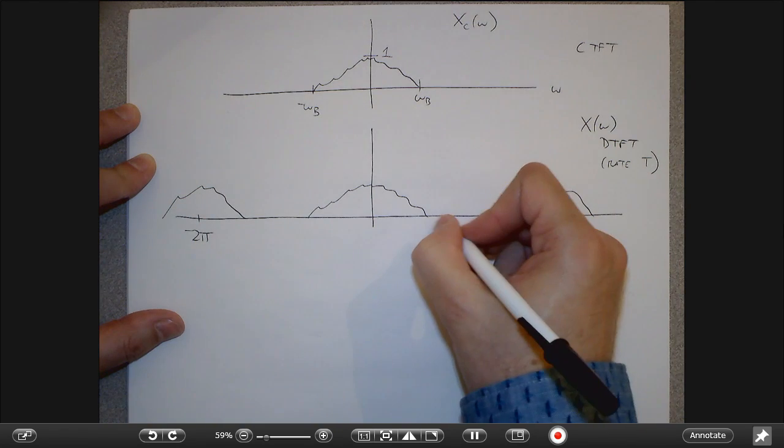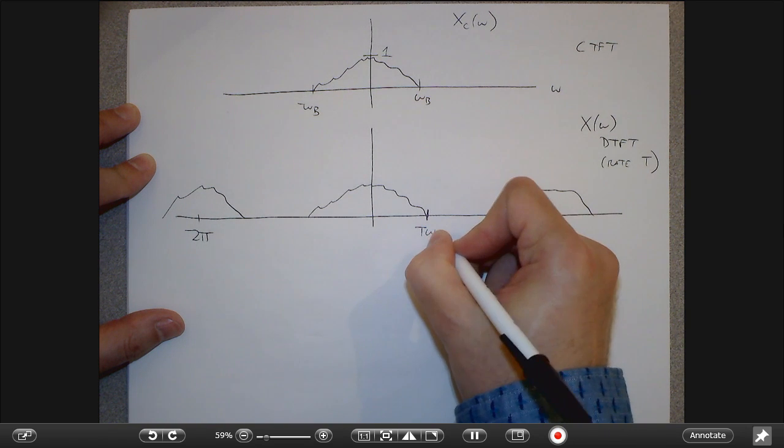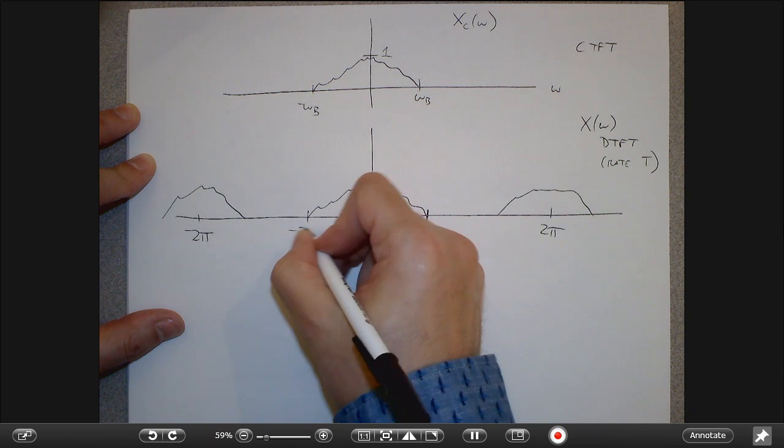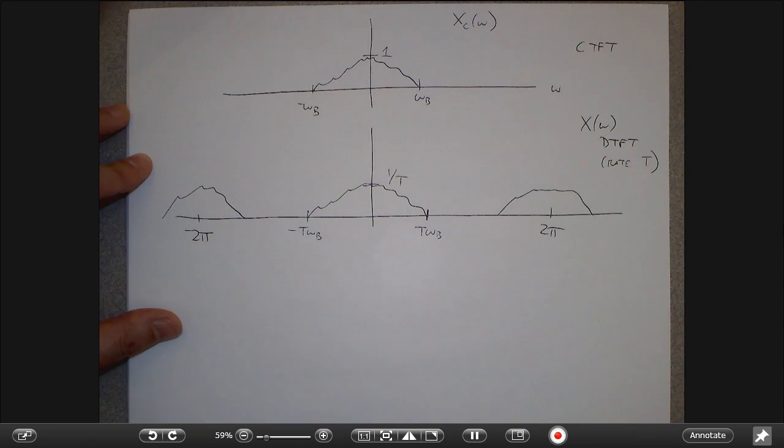The band limit becomes a scaled version of what it used to be, and the height of these copies is 1 over T.